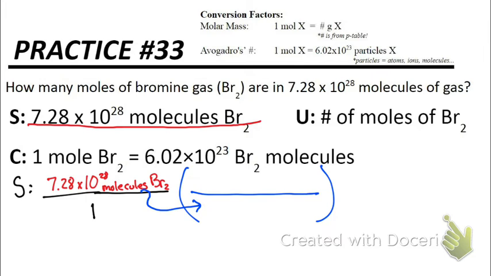So I'm going to go ahead and write down my unit. How many molecules of Br2? Well, look at your conversion factor. It's not 1 because that's just moles, so it's got to be 6.02 times 10 to the 23rd molecules.